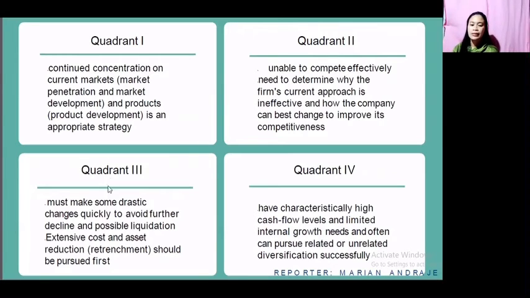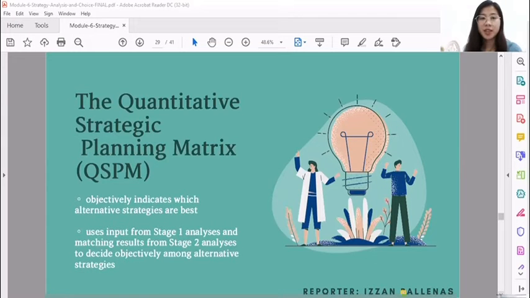For Quadrant 3, firms must make some drastic changes quickly to avoid further decline and possible liquidation. Extensive cost and asset reduction or retrenchment should be pursued first. Quadrant 4 firms have characteristically high cash flow levels and limited internal growth, and often can pursue related or unrelated diversification successfully.